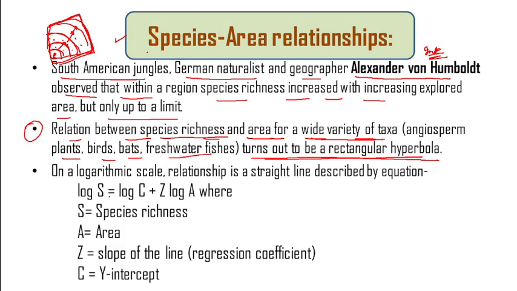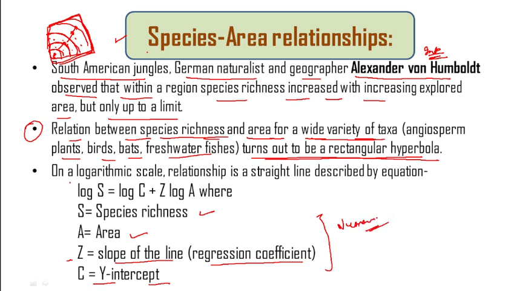Now what is represented by S? Species richness. A is the area, Z is the slope of the line, and C is the y-intercept. The Z is also referred to as the regression coefficient. Remember, a numerical question could be framed from here.